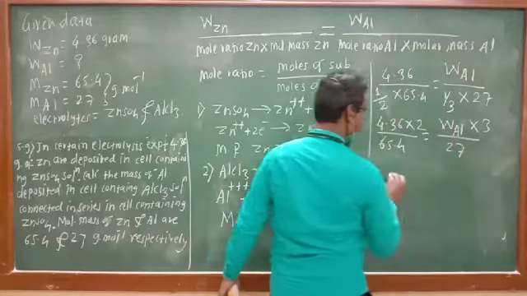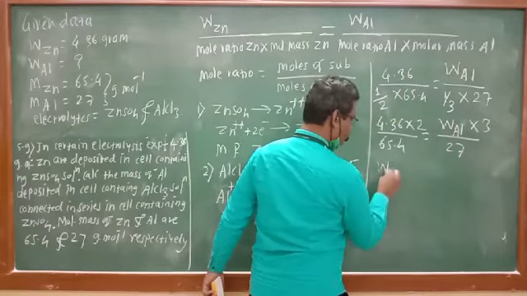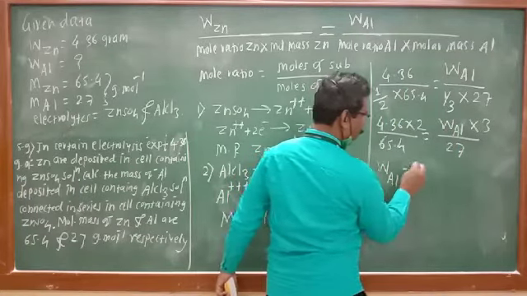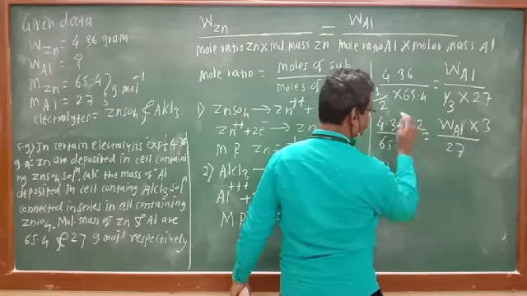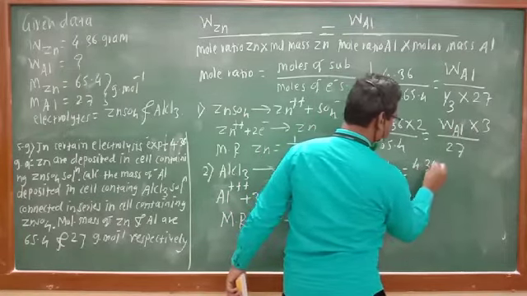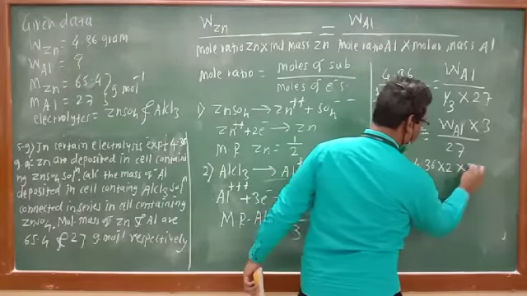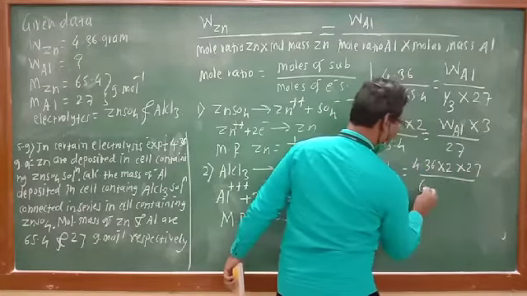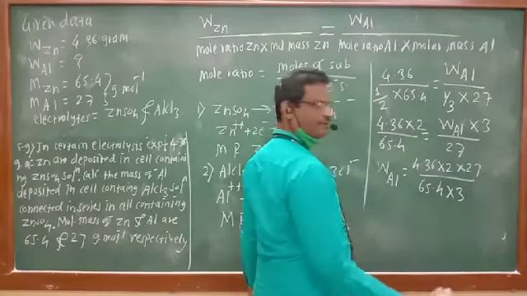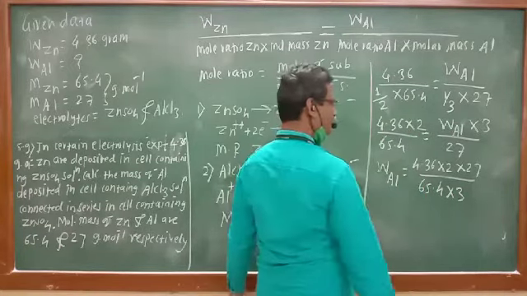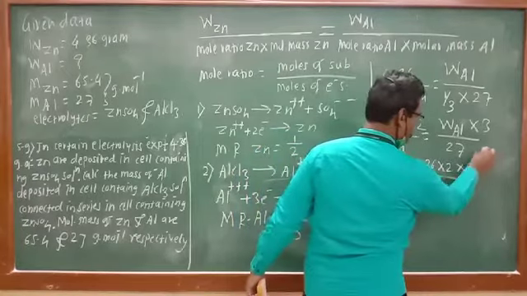And weight of aluminium we have to calculate. So weight of aluminium: 3 comes here, 27 here. So 4.36 multiplied by 2 multiplied by 27 divided by 65.4 into 3. And this you can solve easily. 27 by 3 is 9.